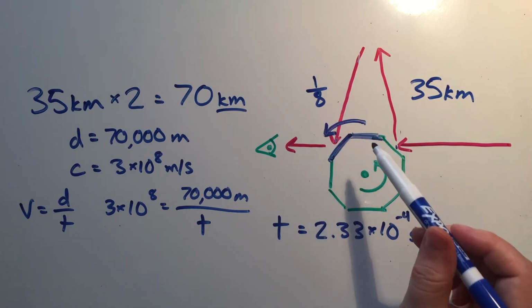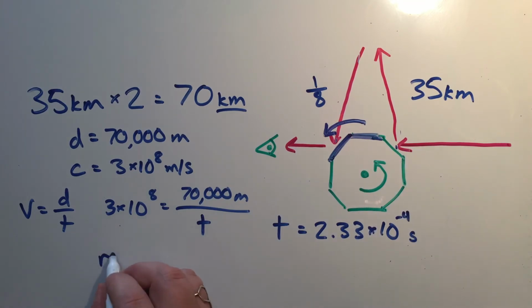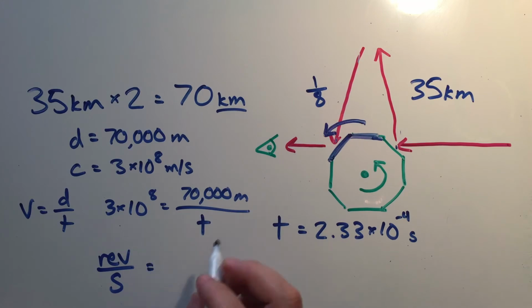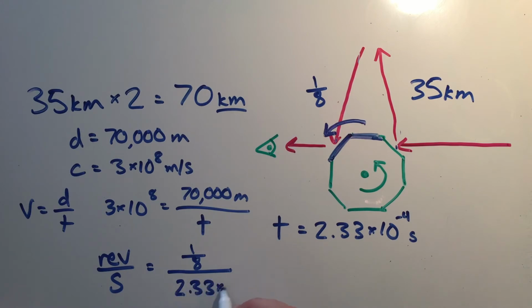So if we want an actual answer in terms of revolutions per second, we already know that 1/8 of a revolution takes 2.33 times 10 to the -4th seconds to complete. So if I take 1/8 divided by this, I will get our actual ratio of revolutions per second.